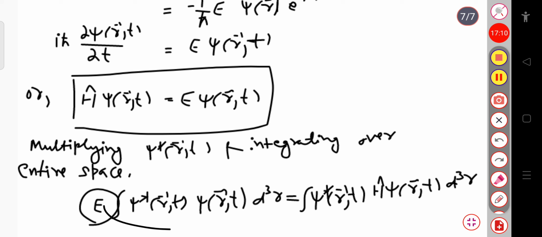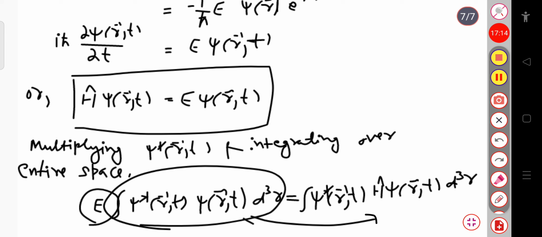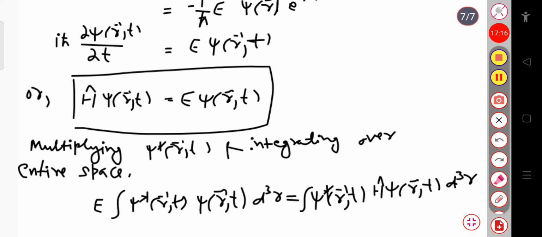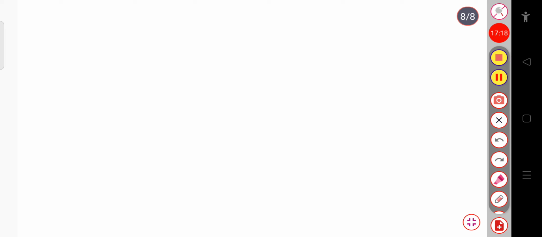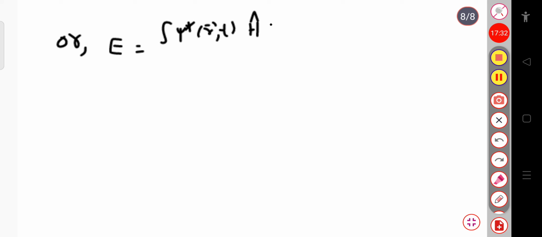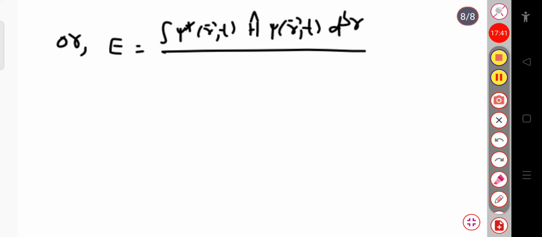So now dividing by the total term here, we can write the expression E equal to the integral of ψ*(r,t) Ĥ ψ(r,t) dτ divided by the integral of ψ*(r,t) ψ(r,t) dτ.